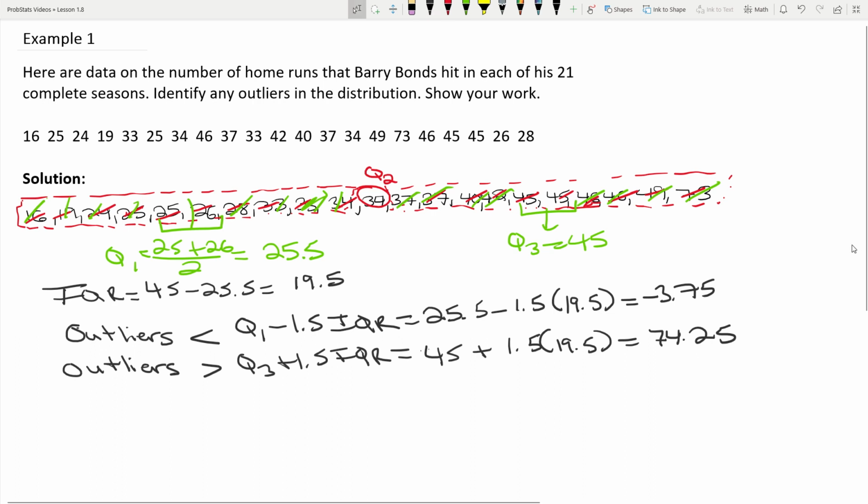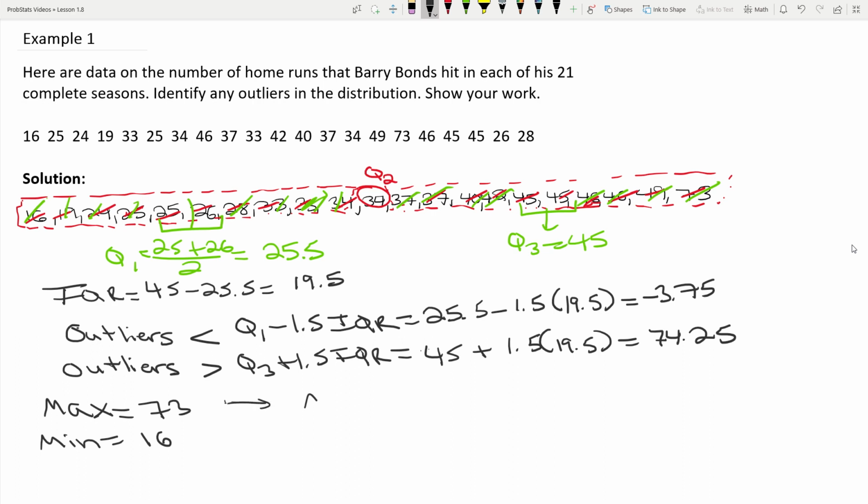So in this case, if we were to look at the 73, the maximum here is 73, right? And the minimum is 16. In this case, none of these numbers are big enough or small enough to be considered outliers. In this case, this distribution has no outliers.